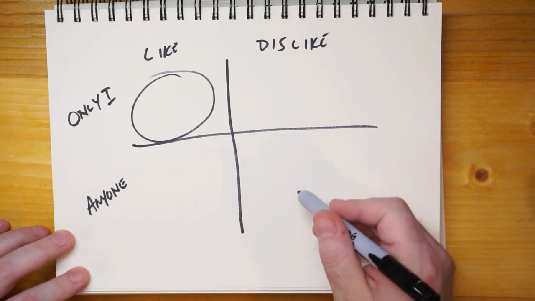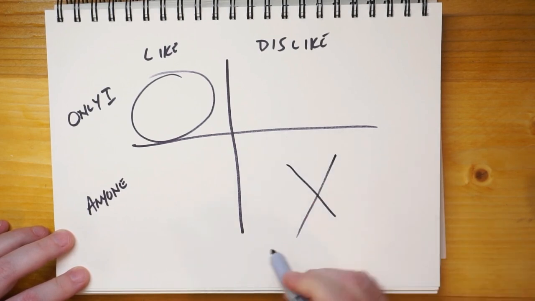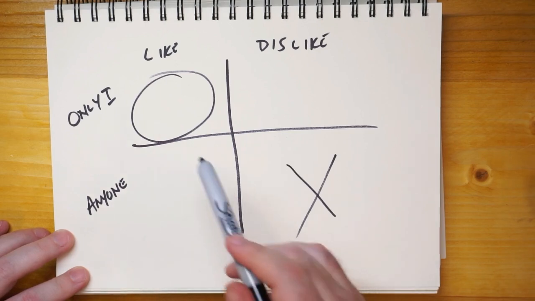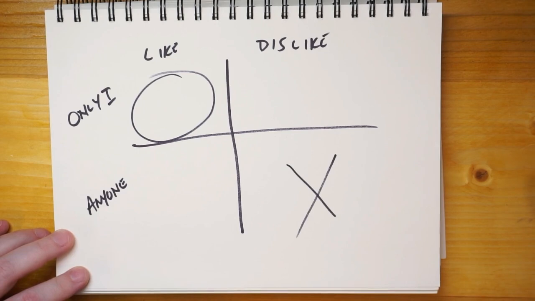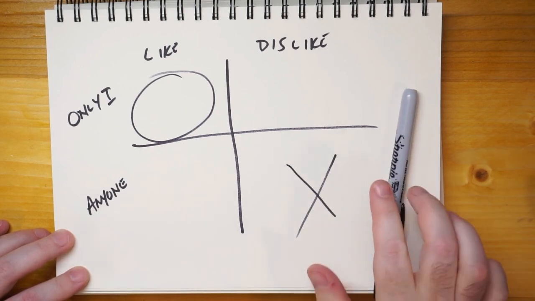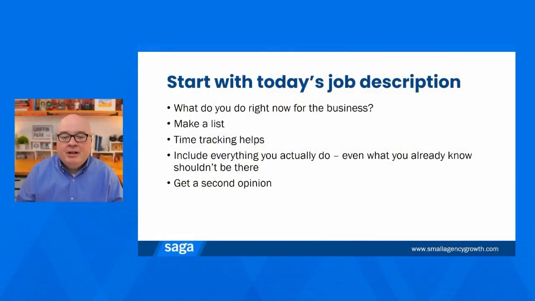And you want to have very little here in this area where someone else could do it and you don't like doing it. And if you start thinking about your tasks in this fashion, you will start to be able to craft a much better set of tasks for yourself and much better allocate your time so that you're getting the results that you want.